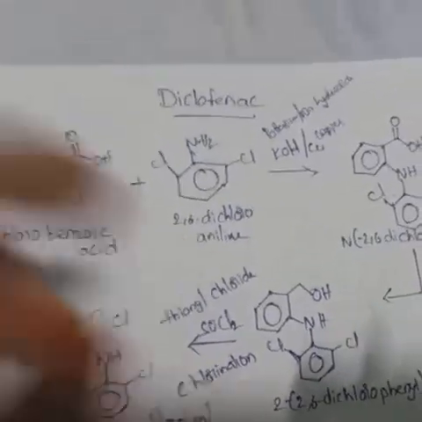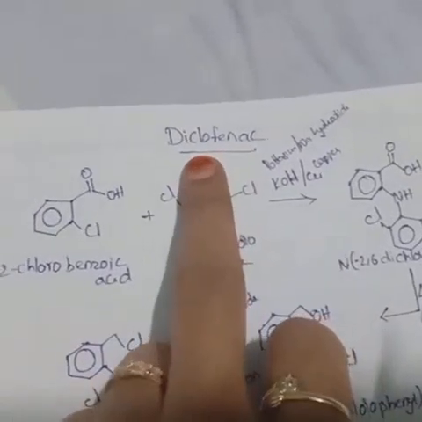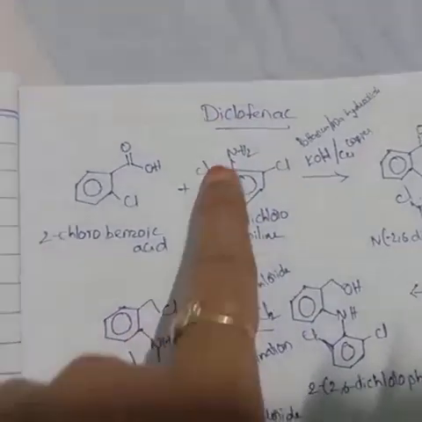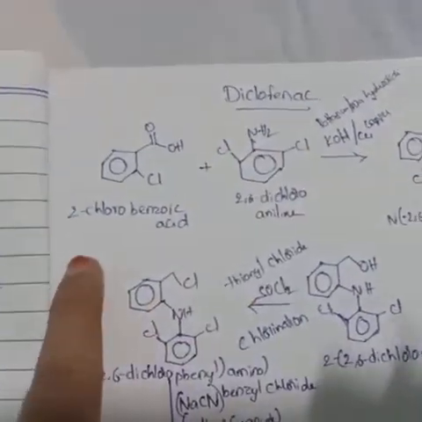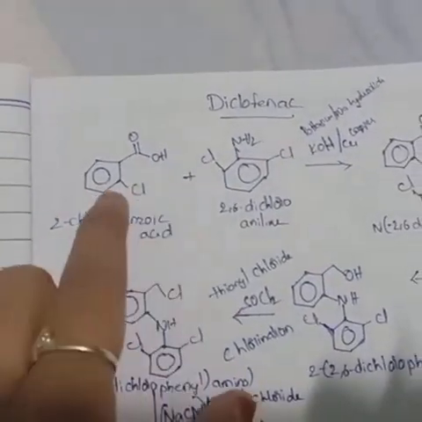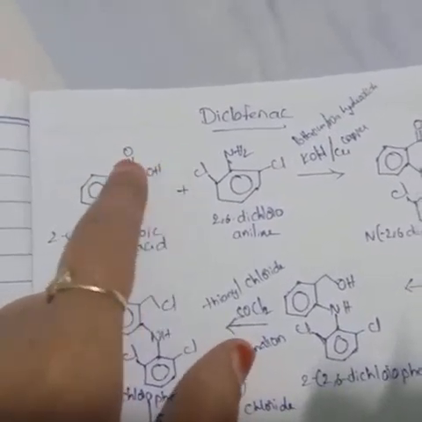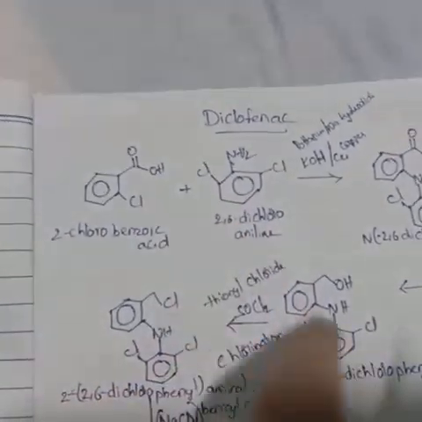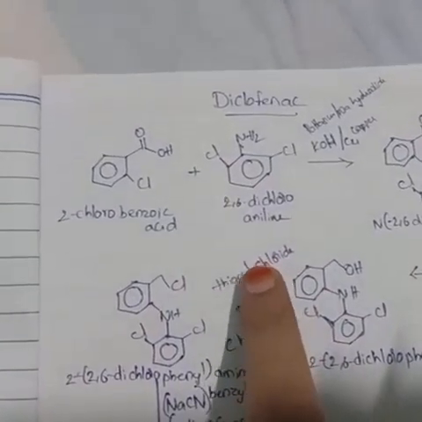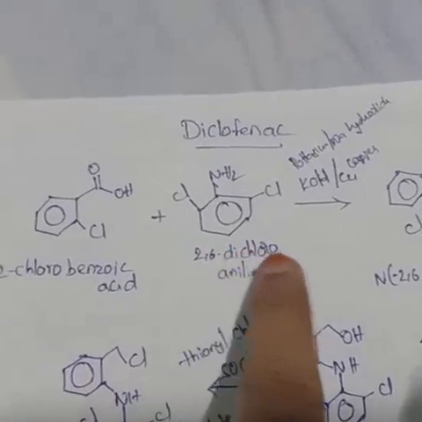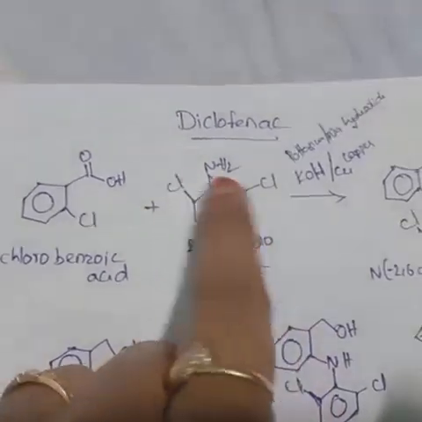Now we are going to see Diclofenac synthesis. This is the second drug. First we have seen Sulindac and now we are going to see Diclofenac. Here 2-chlorobenzoic acid we have taken as a starting compound, and 2,6-dichloroaniline.